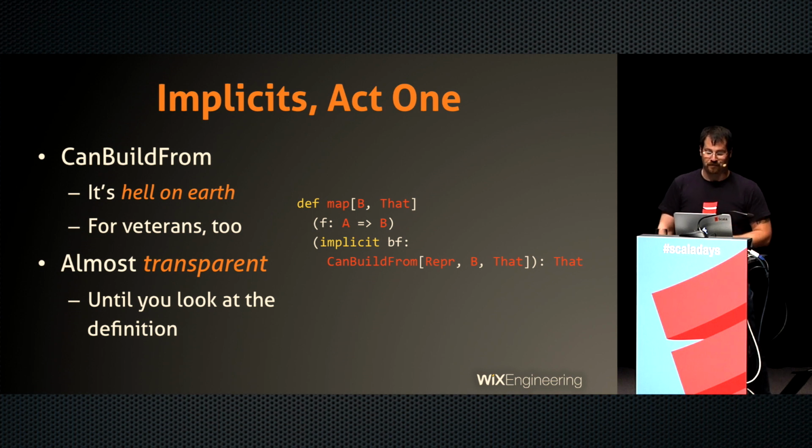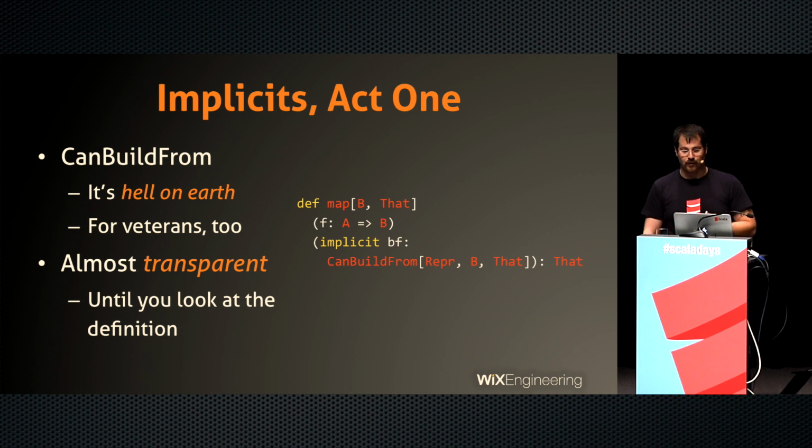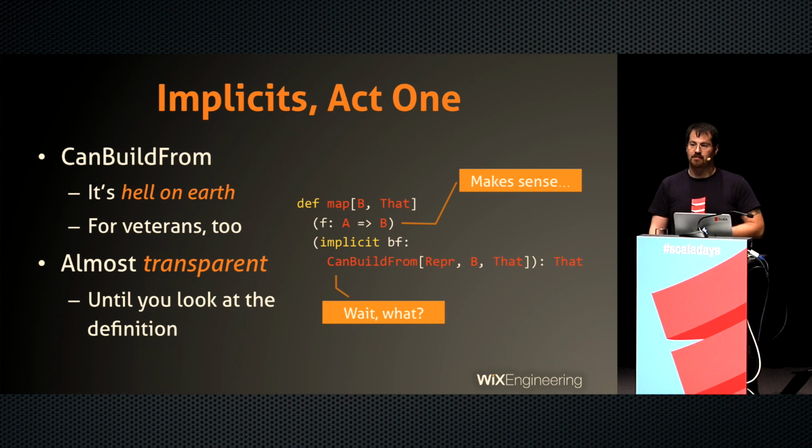Whereas the call site is almost transparent, if you actually take a look at the signature of the map function, a person coming into the Scala language who's not a language aficionado would look at this and say, okay, well, I have the mapping function, so that kind of makes sense, but what is this CanBuildFrom thing?